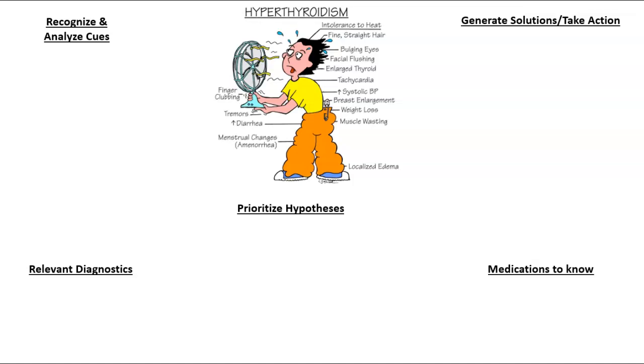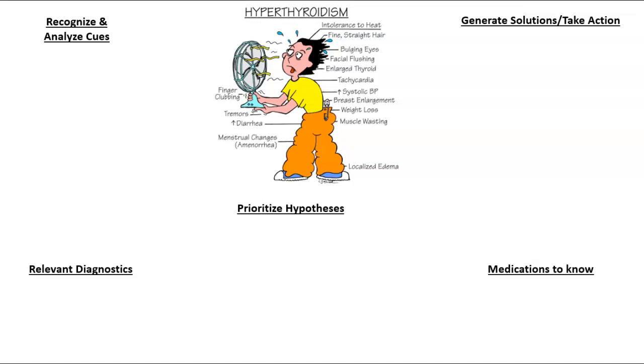Some of the other problems that can arise from hyperthyroidism would be risk of the adverse effects of increased metabolism, right? Impaired nutrition, less than body requirements. And then, of course, if we're doing any sort of surgical intervention, we could have the risk factors related to surgeries. So we'll talk about those.